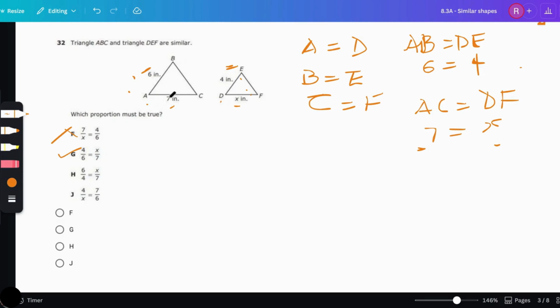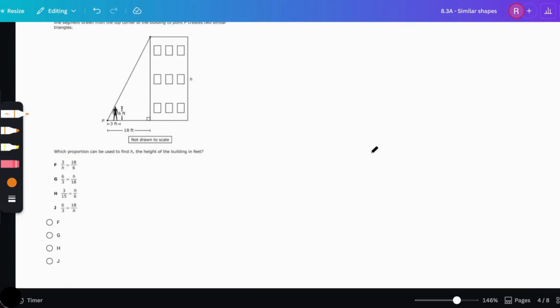Now let's see, 6 over 4 equals X over 7. This one has switched. We must not switch it. 4 over X equals 7 over 6. This one too is wrong. So G is the correct option. If you are choosing from the small triangle first, you must maintain that.